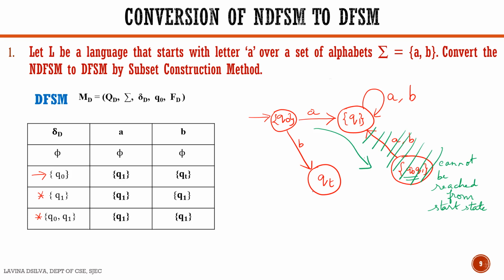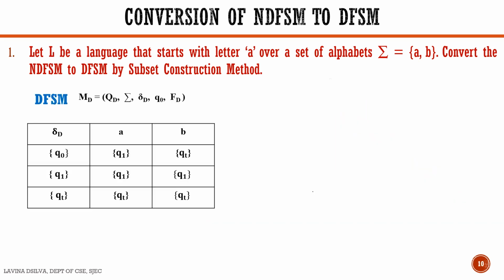Therefore, you can eliminate it from this diagram. And then we have a transition here, Q trap. Once the system goes into Q trap, irrespective of input, it stays in the Q trap state itself. So this particular state can be eliminated, and we have only two transitions here. Okay. With this, we have Q1 as our final state.